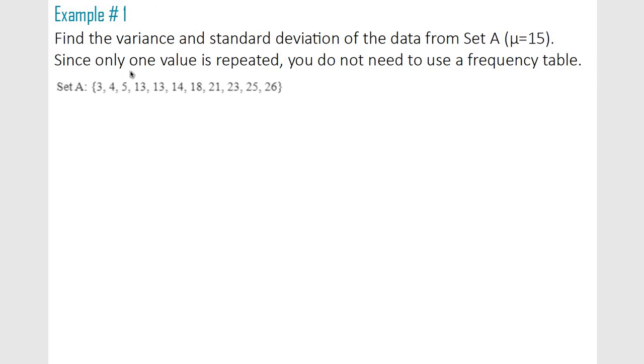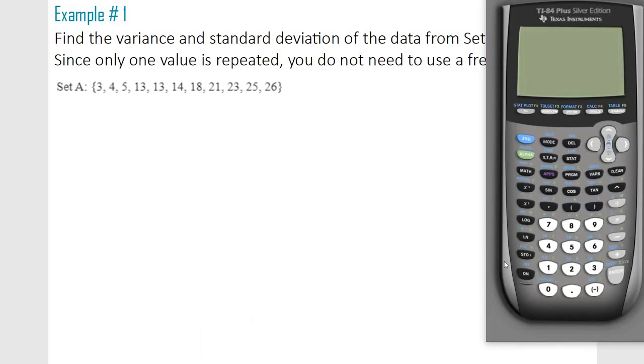Okay, so how do we find the variance and standard deviation? I would use my calculator. Yes, there is a formula. It's gross and long, and no one likes using it. So use the calculator. I'm going to clear out my lists. Okay, so let's type in the first one. We have 3, 4, 5, 18.